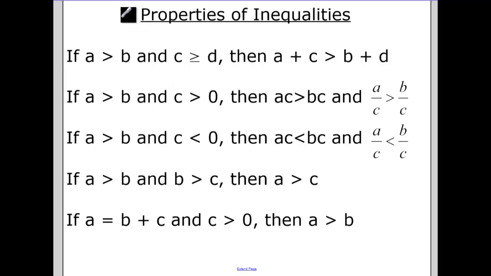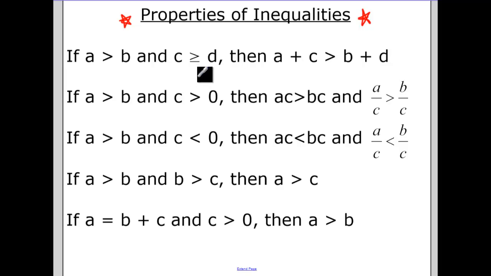Okay, all of these are the properties of inequalities that we are going to be working with this year. And so if you have two things where A is bigger than B and C is bigger than D, or equal to, when you add them together, you're still going to have something that's bigger.